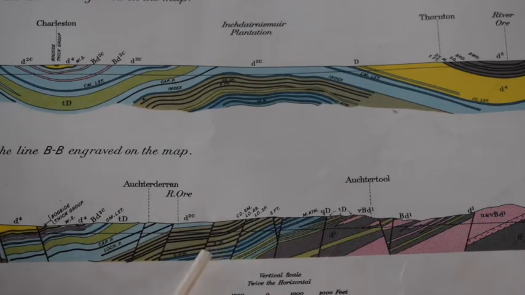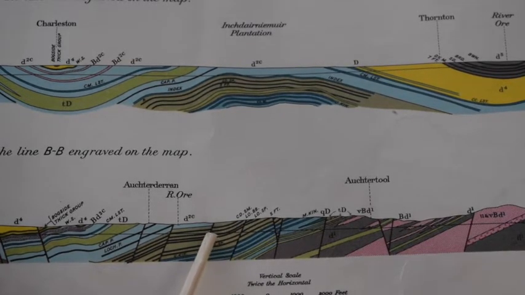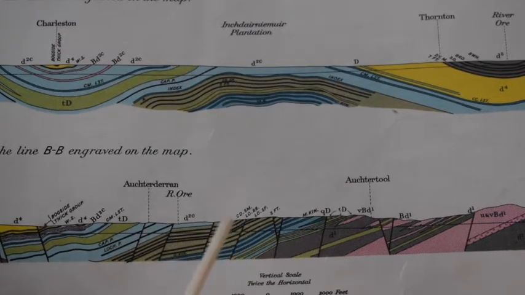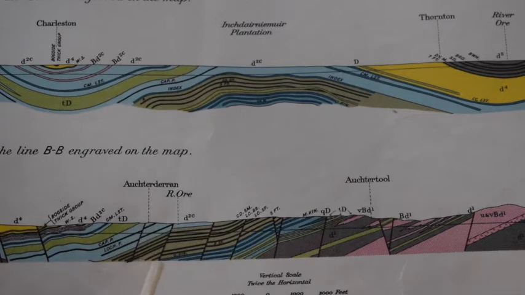But if you look at the amount of throw on the faults compared to the thickness and the spacing of the coal seams, that's really significant, because you may start on one coal seam across here, and if you kept going and didn't realize there was a fault, you'd cross into an entirely different structure. And here you may just continue across into a unit that had no coal seams at all. So understanding the faults and their detail was really important for the economic development of this area.